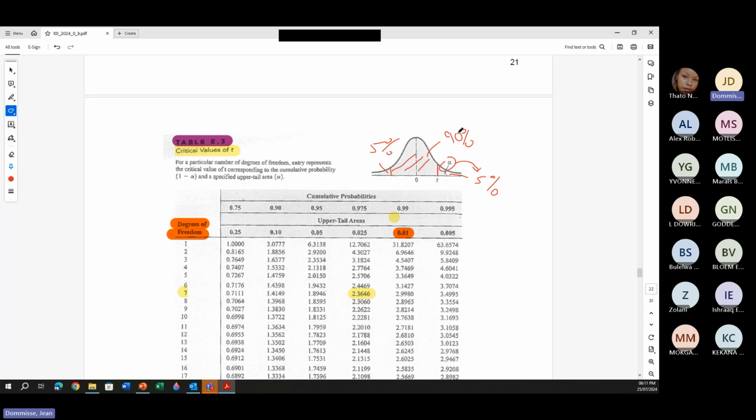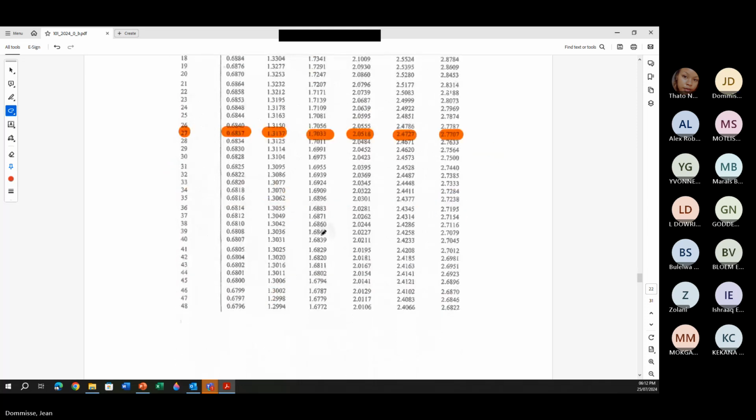When we work with confidence intervals, it's always a two-tail. So 90% in the middle, 5% on each side. So we're working with an alpha of 5%.